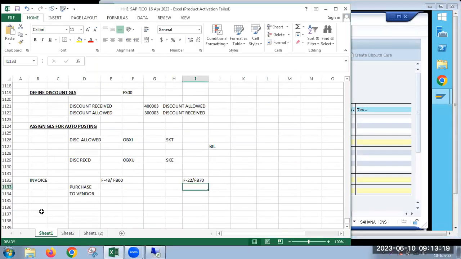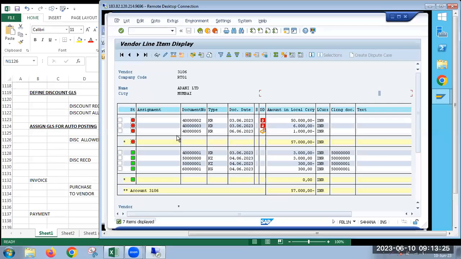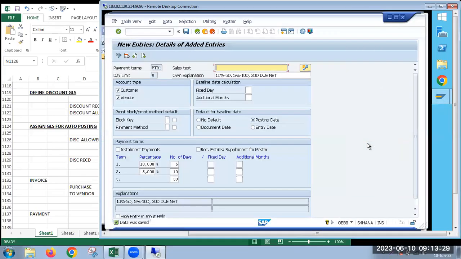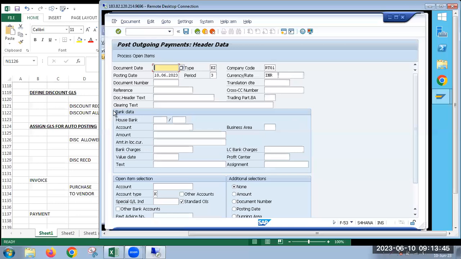Okay, so if we go for the payment, let's go for the payment clearance of this vendor with today's date. What is the T code for vendor payment? Vendor outgoing payment, F-53. Clearance of payable balance for the vendor.